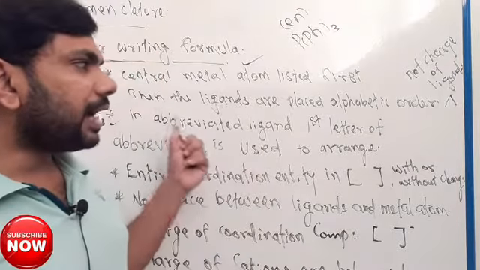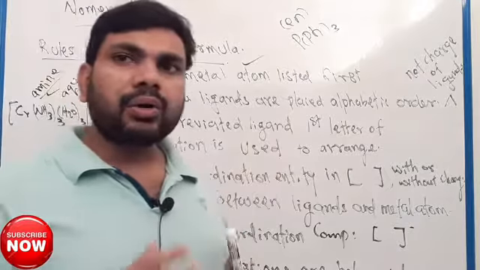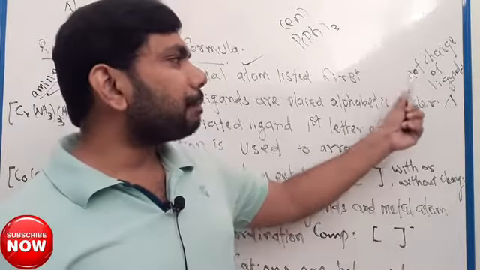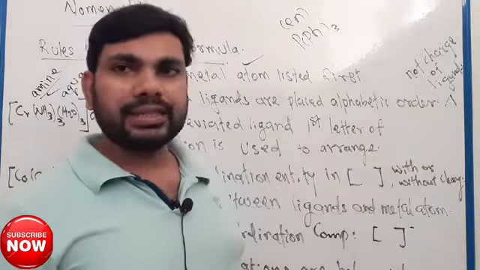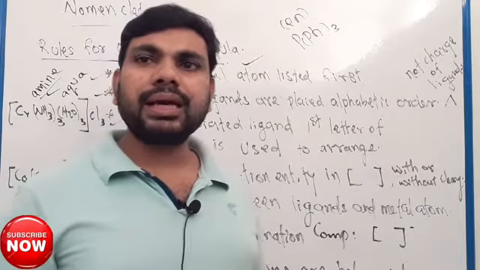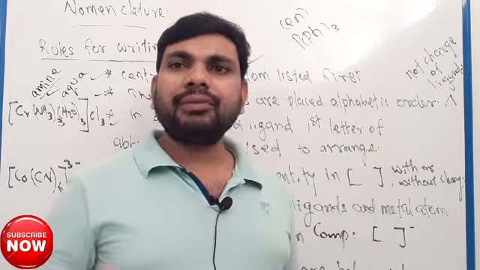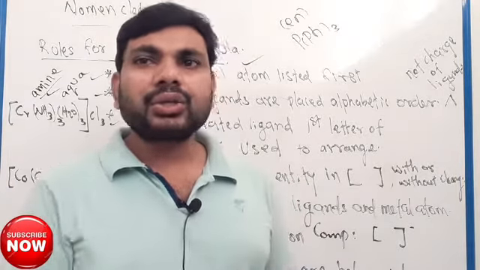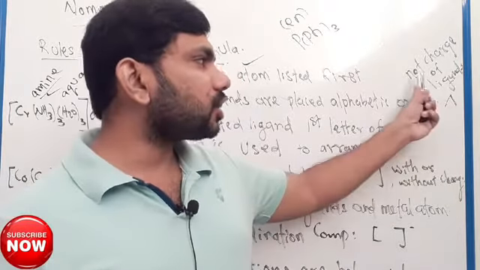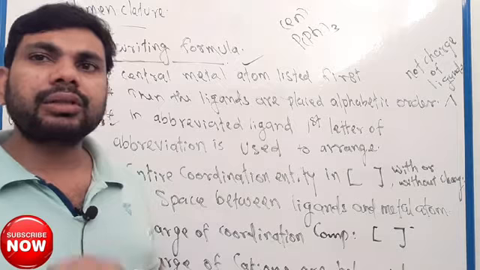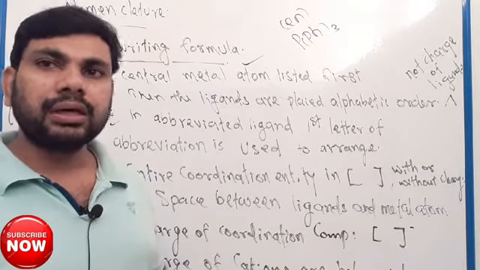The ligands are arranged according to their alphabetic order, and it does not depend on the charge of the ligands. Sometimes ligands have different charges, -1, -2, but ligands are not arranged according to their charge. Arrangement of ligands only depends on their alphabetic order. Clear?